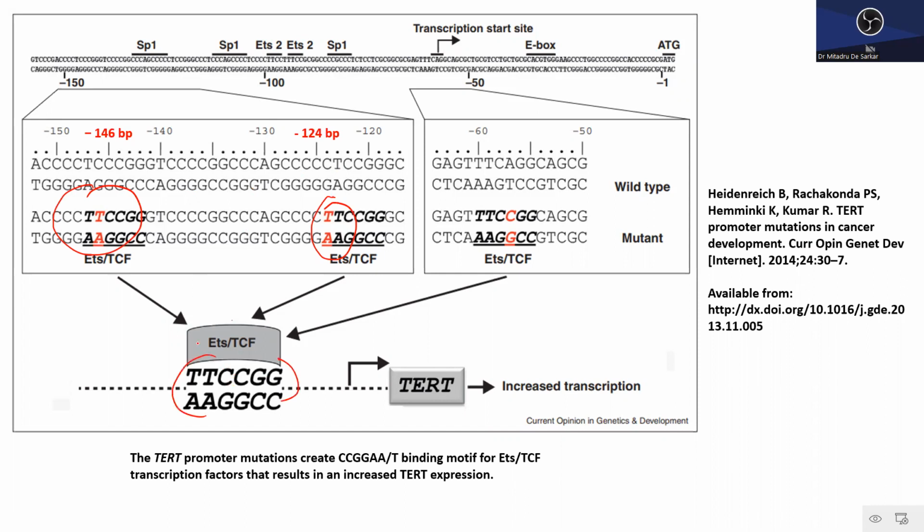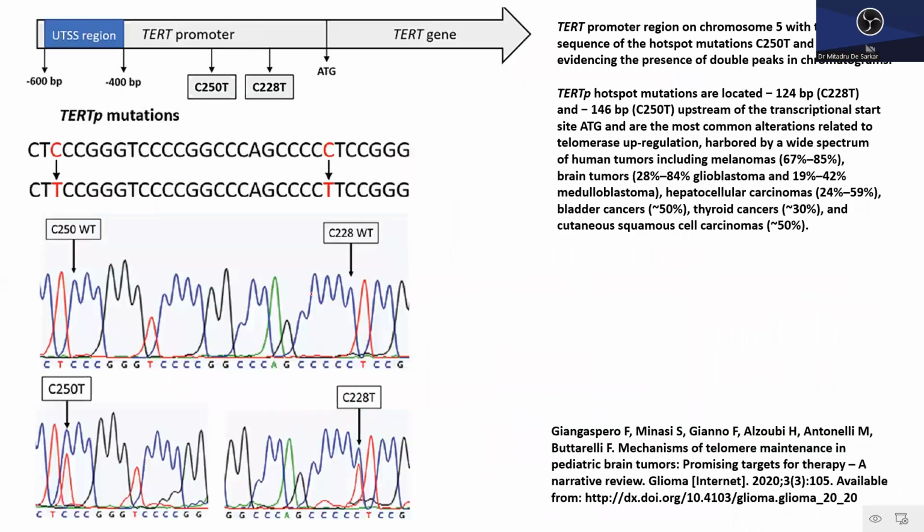This mutated site has an increased tendency to bind transcription factors, in this case the TCF transcription factor, resulting in increased upregulation of TERT, telomerase reverse transcriptase, resulting in all the gliomagenic events that we have seen. These mutations can be picked up when you do a mutational analysis, and you will pick them up in the form of double peaks when you see your chromatograms.